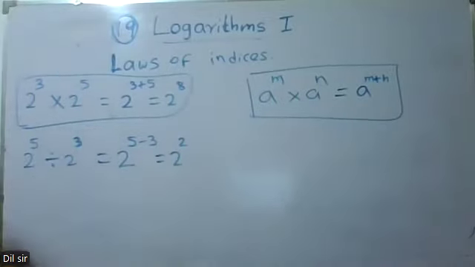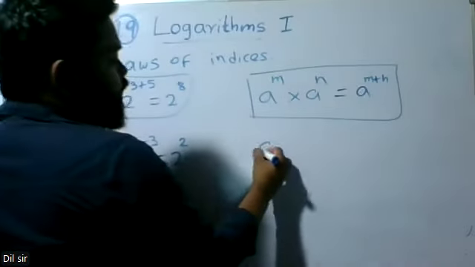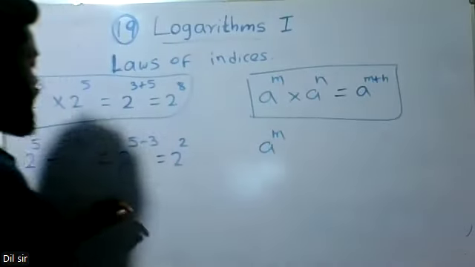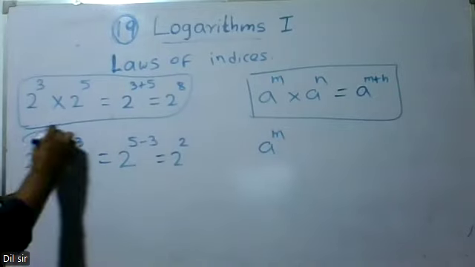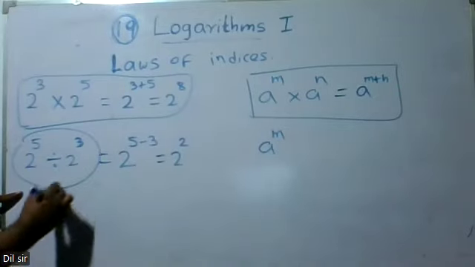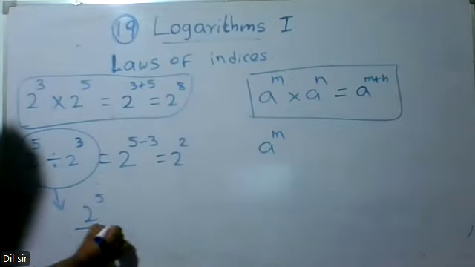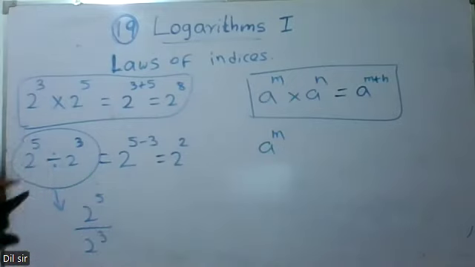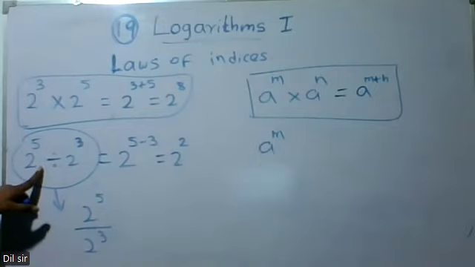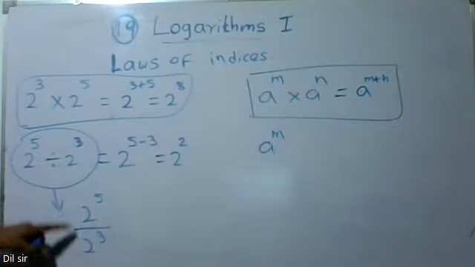Right, now we can write the second law. A to the power m. This can be written as a fraction also. 2 to the power 5 divided by 2 to the power 3. A division can be written in a fraction manner also.